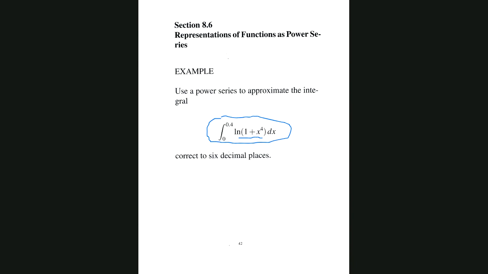Well, in the ebook, in example 6, we show how to find a power series for the representation of the log of 1 plus x. Now we have the log of 1 plus x to the fourth. But let me just show you.